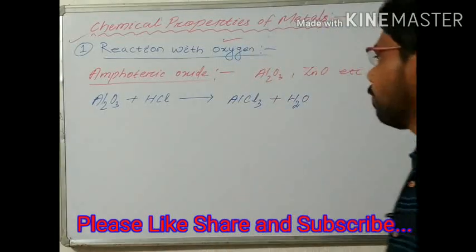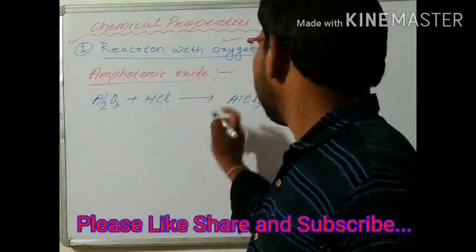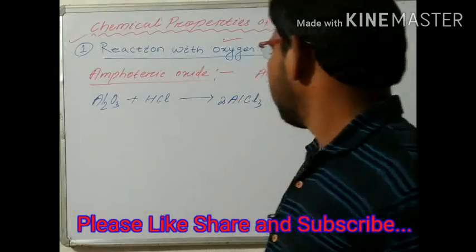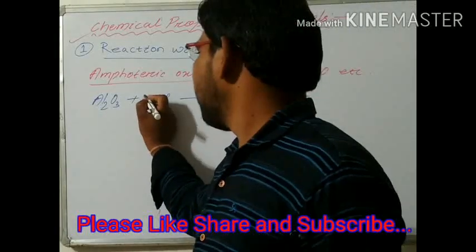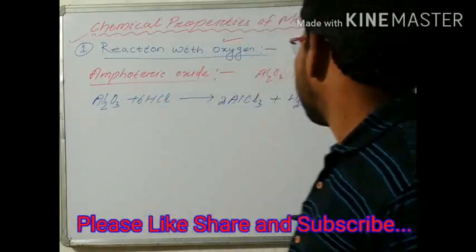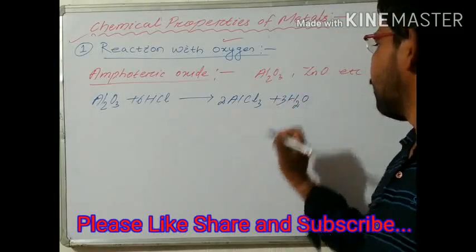We have to balance this equation: 2Al, then chlorine is 6, so we multiply HCl by 6; now hydrogens are 6, so we multiply water by 3.